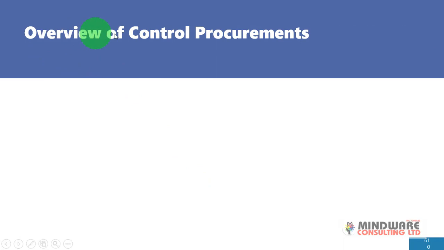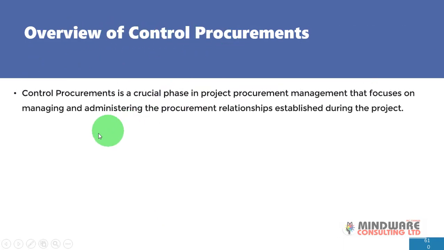Alright, so a quick overview of control procurement. Now, control procurement is a crucial phase in project management, and it focuses on managing and administering the procurement relationships established during the project. Okay, so it all has to do with the procurement relationships.